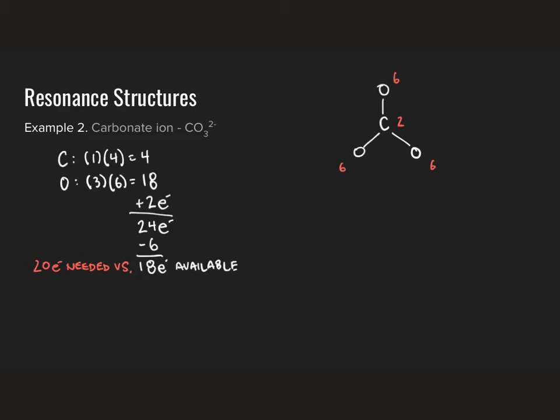And so just as before, we're going to form a double bond in order to get a little bit more electrons available for fulfilling our octet rule. So I'm going to choose arbitrarily this oxygen to form a double bond between the carbon and the oxygen. And when I do that, recognize that there really is no thermodynamic reason that I should choose one of the oxygens over the other to give the double bond to.